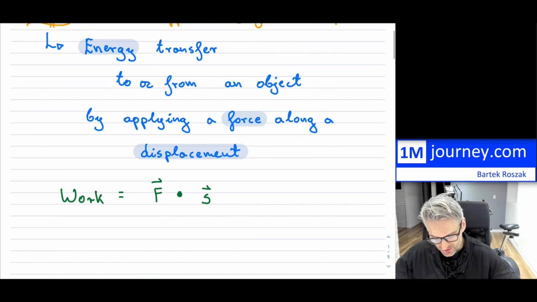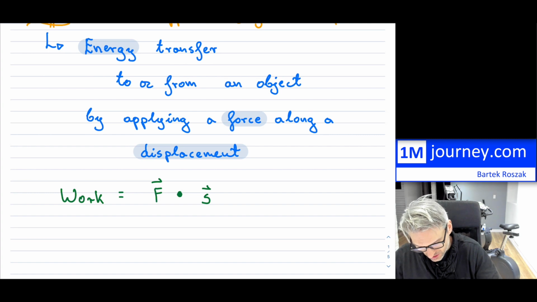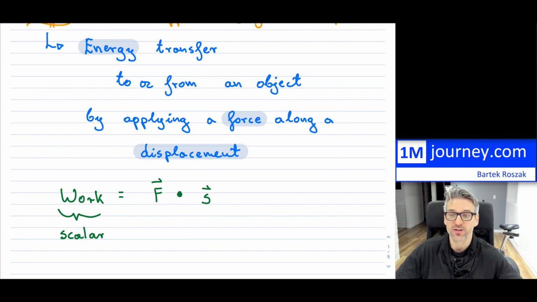Now, because you're taking the dot product, that means the result is a scalar. So what that tells us about work is that work is simply a scalar. It also gives us what the actual units are. For anybody who's ever studied energy, I'm sure you've run into joules, but maybe you've never known where it comes from.